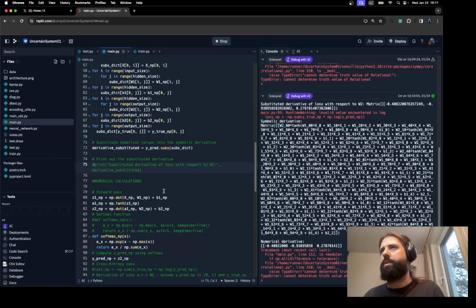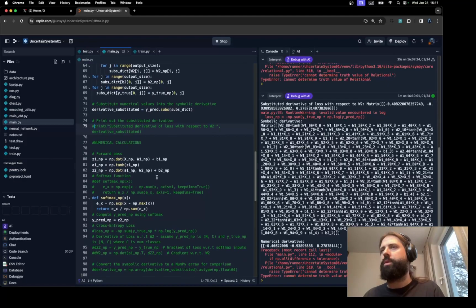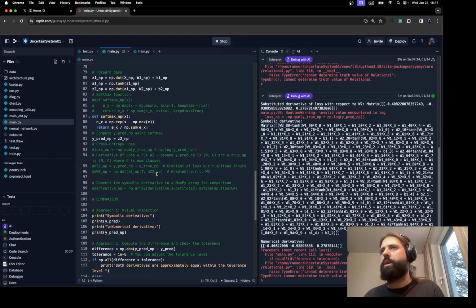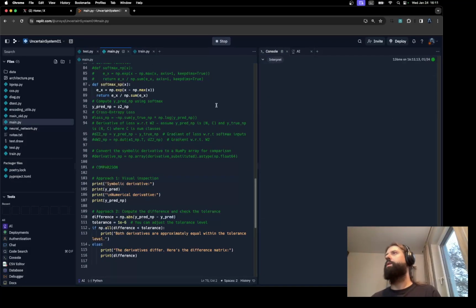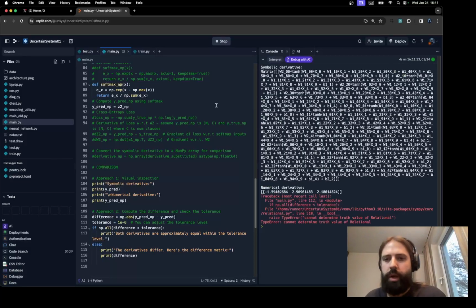Let's not print the substituted derivative. Then we'll do the numerical stuff, and let's see if that helps. Anyhow, and then we walk from there.